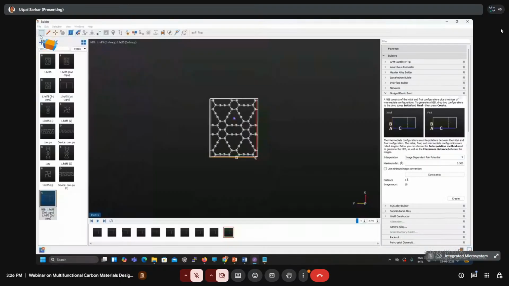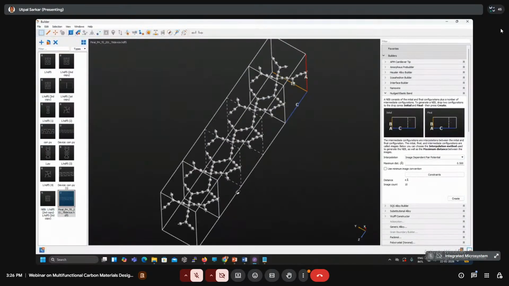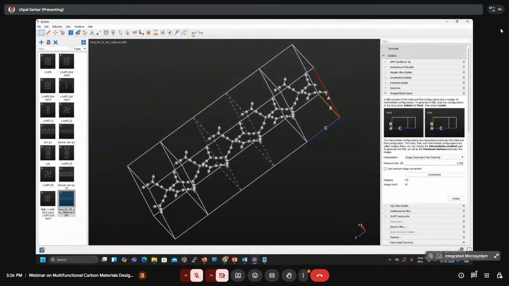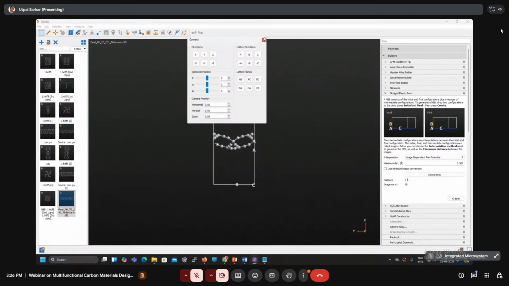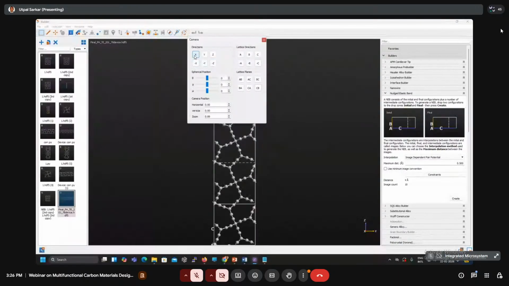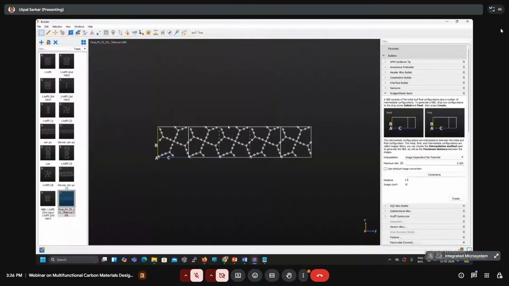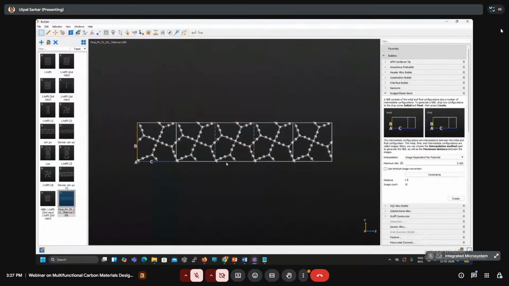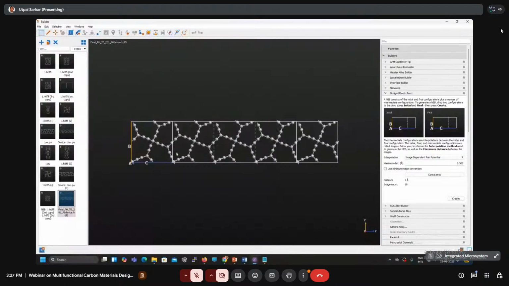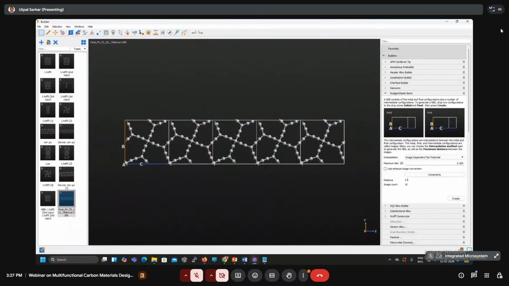Suppose this is the input file. So this is the optimized geometry of the pentagraphene device.